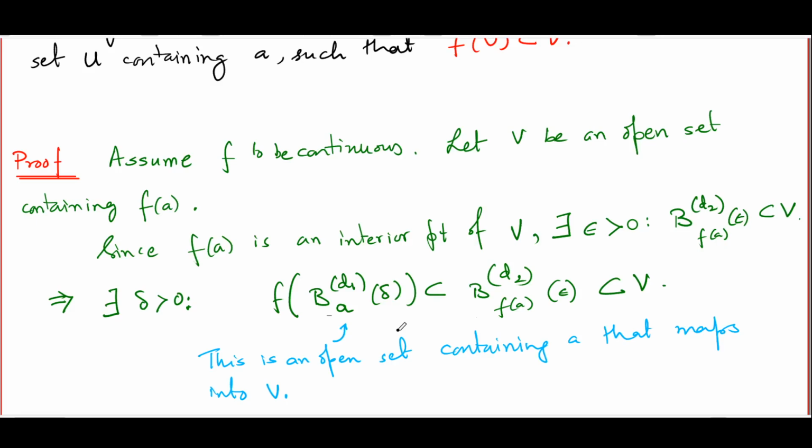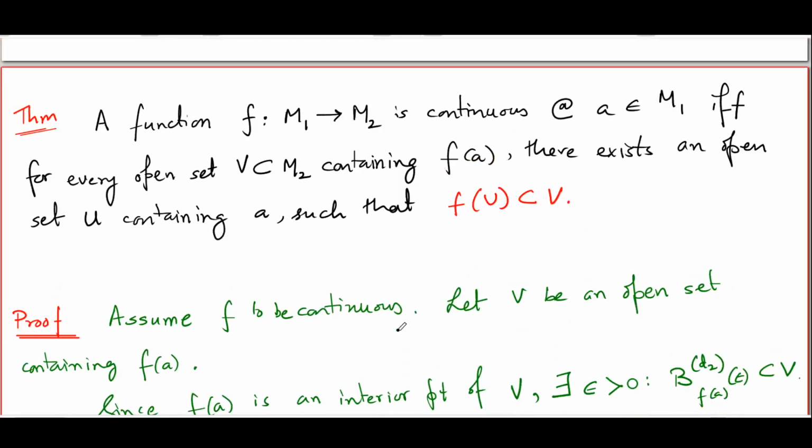In other words, if f satisfies the conditions in this theorem, given any neighborhood V of f(A), there must exist an open neighborhood U containing A which maps entirely into V. We have to show that the epsilon delta definition of continuity will also follow.